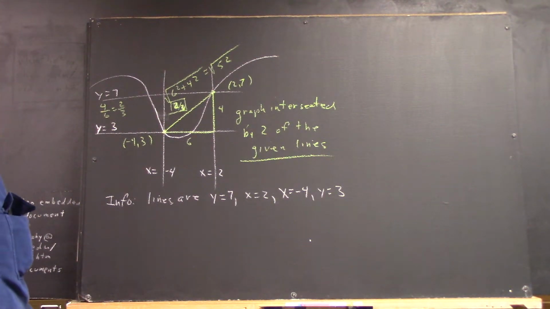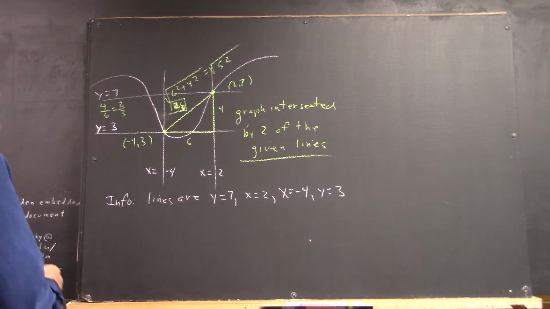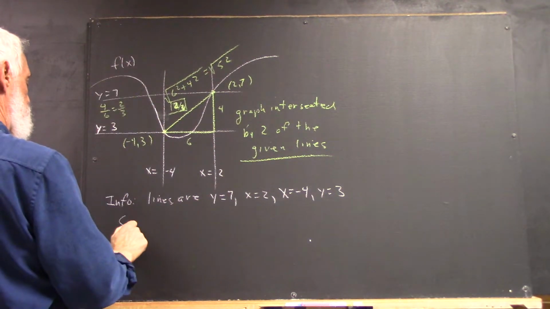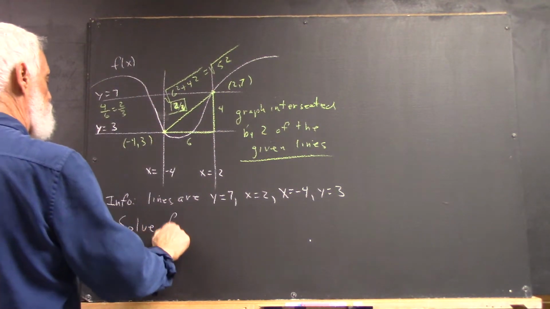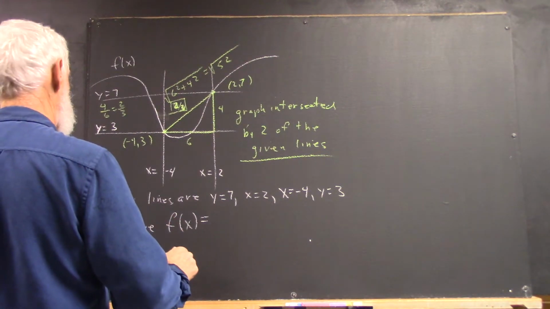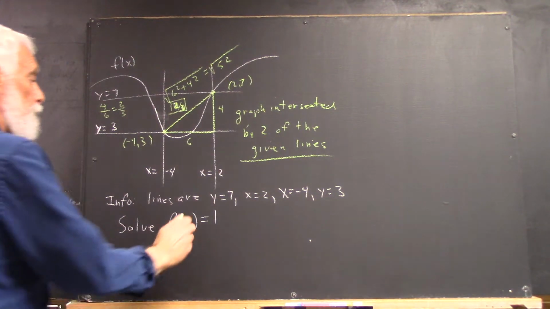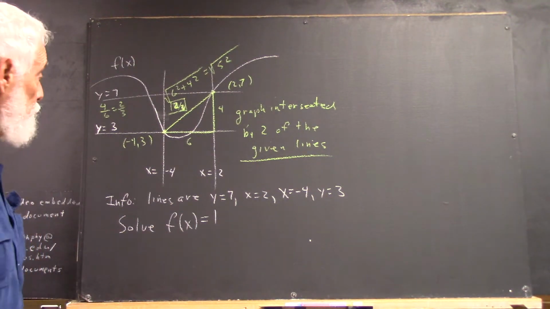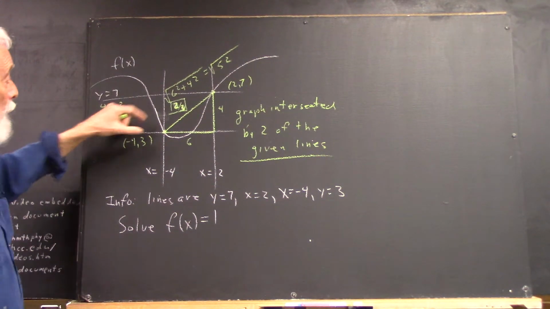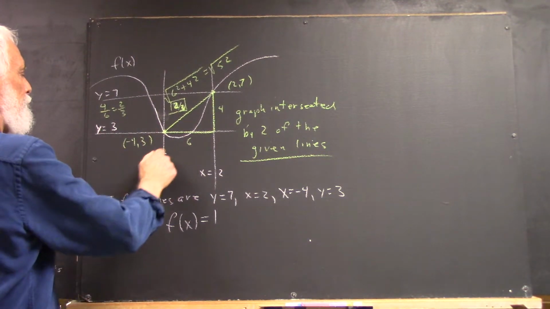Now, if the question was, if this is a graph of f of x, solve the equation f of x equals 1. Well, actually, there's no solution for that one, because here's 7, here's 3, right? Half that distance would be 2, so 1 would be down here.